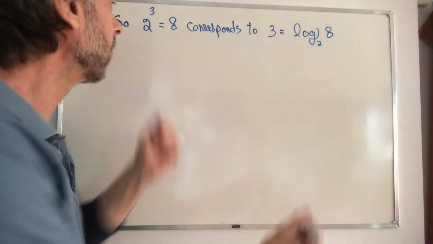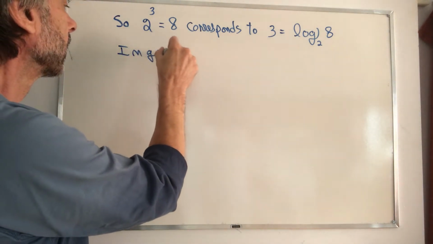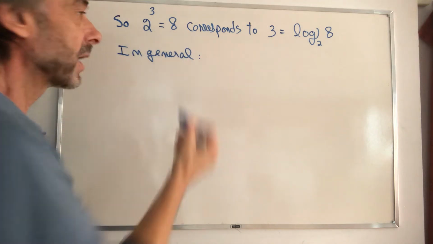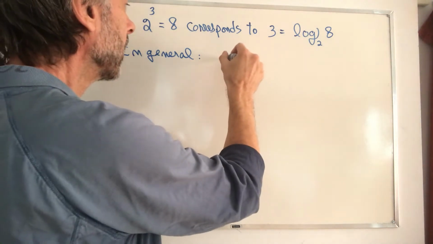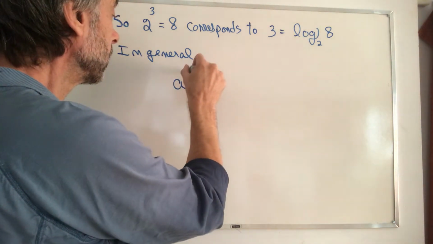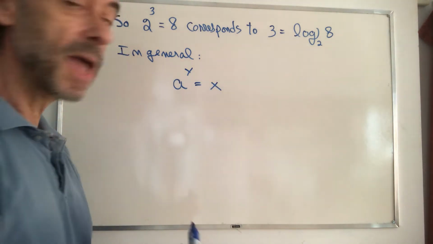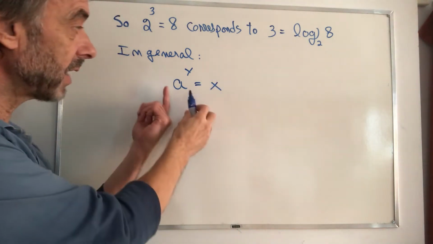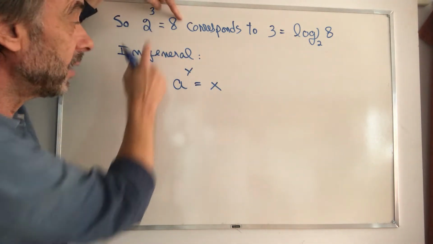So, in general, what can we say? A to the y equals x. Suppose I have an equation like this, a to the y equals x, which makes me think of 2 to the 3 equals 8.